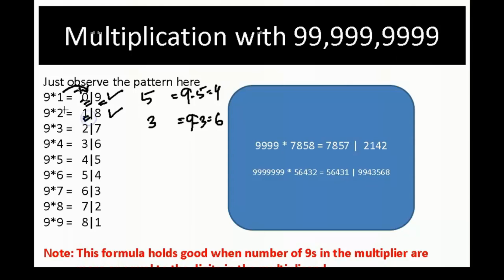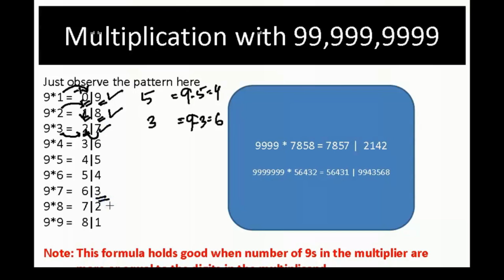Applying the same rule here, this number is 1 less than this number. 2 minus 1 is 1, and this number is the 9's complement of this side number. That means 9 minus 1 is 8. Similarly, this number is 1 less than this number, and this number is the 9's complement, that is 27.